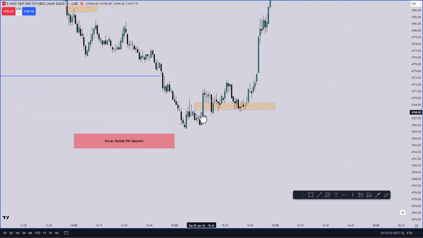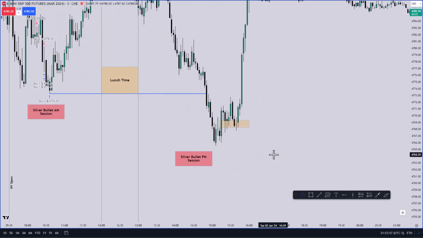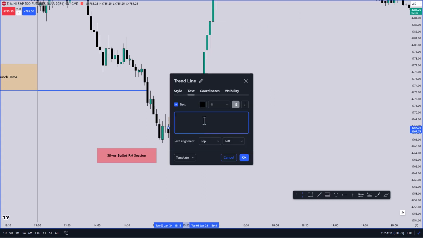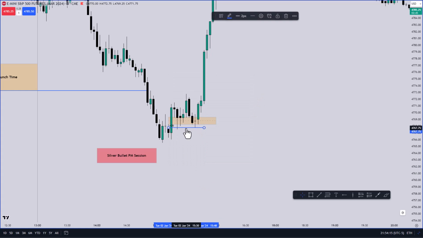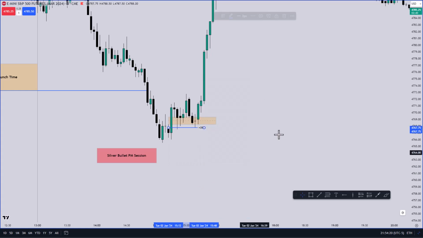And there was another setup, I think on the 3-minute time frame, if I'm not mistaken. That is correct, 3-minute time frame. Displacement higher. The interesting part about this one is that this is an order block as well. Just going to note that real quick. So displacement higher, there's a little bit of a retracement.